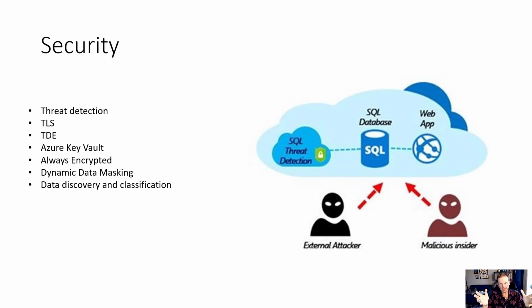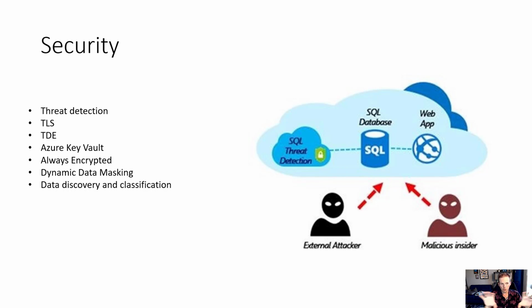So remember little Bobby Tables, where somebody's taking malicious code and injecting it into the name field of an input box on a website, right? Azure SQL Database will detect that's happening. It won't stop it, but it will alert you that it's happening so you can decide what you want to do about it.